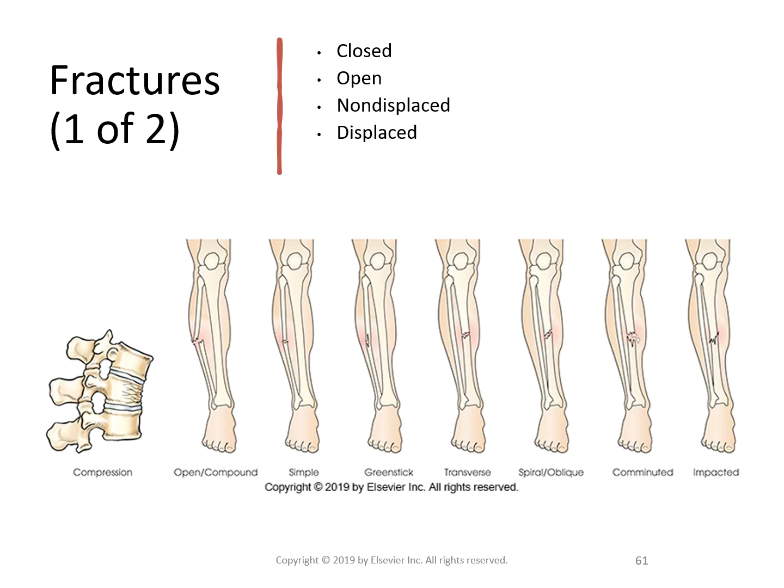Simples are also non-displaced. A green stick fracture happens with our pediatric patients. That is a fracture partially through the diaphysis, but not completely through the diaphysis. It's still a fracture, but it's not all the way through. Part of the diaphysis is still intact.